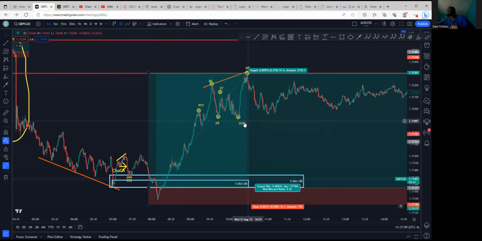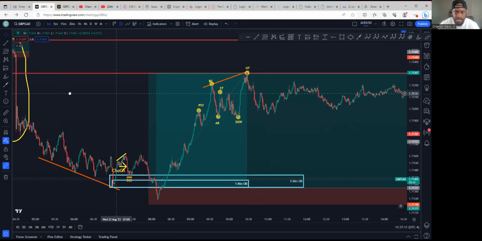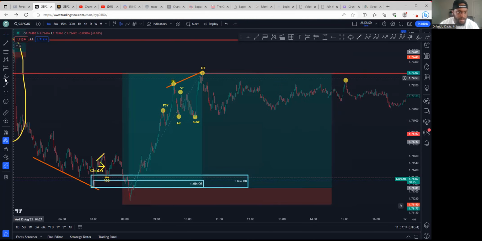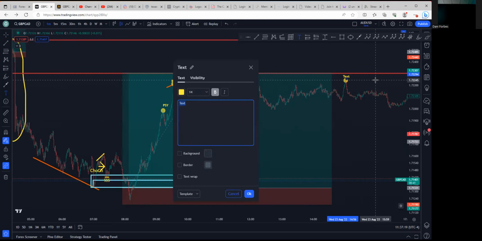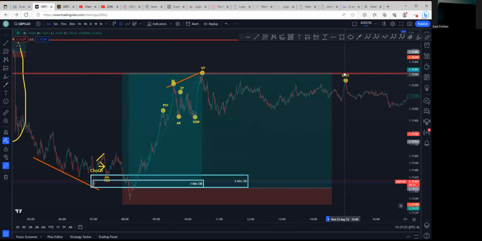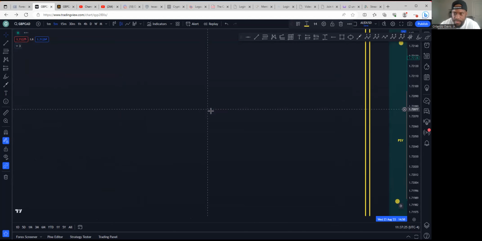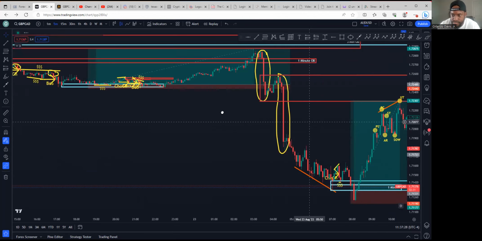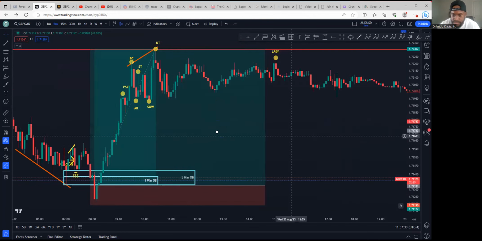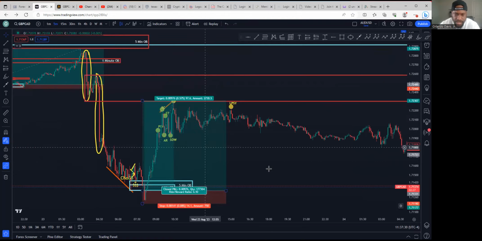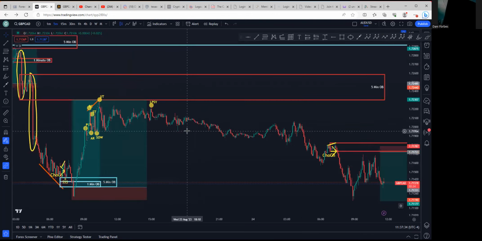And then price comes back down. And then over here is the last point of supply, LPSY. And there's your sell entry. And there's your sell entry to the downside.